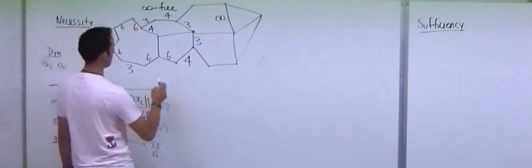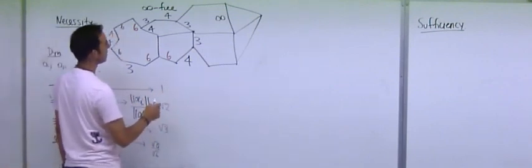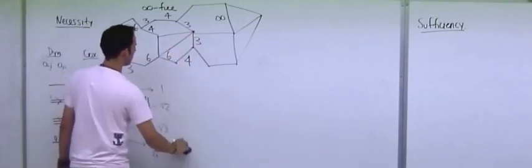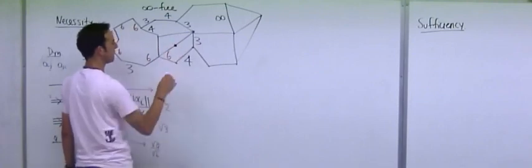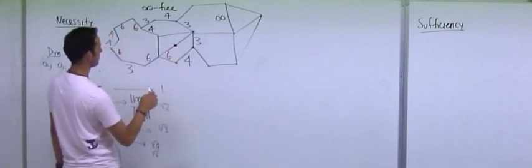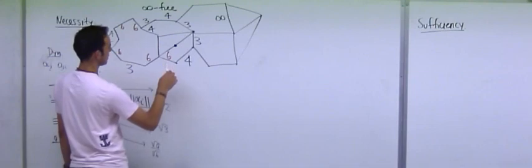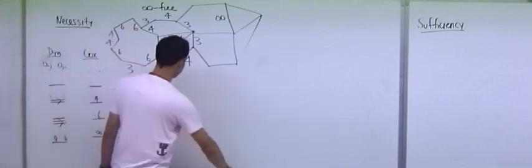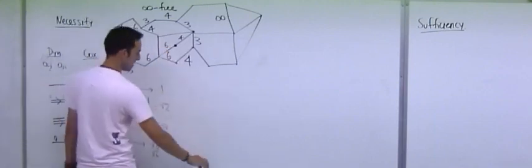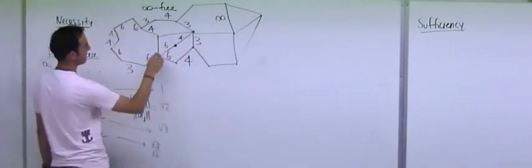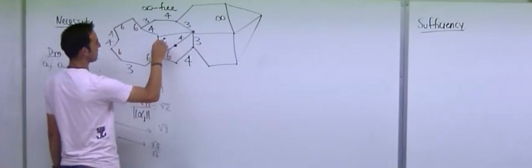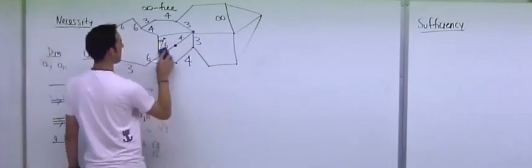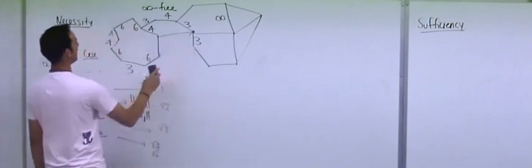So let me just add something like this, and add an edge here, 4, 6, and now let me fix that problem with an infinity over here. Well, no, this is too messy. Let's do something nice like this. There you go.